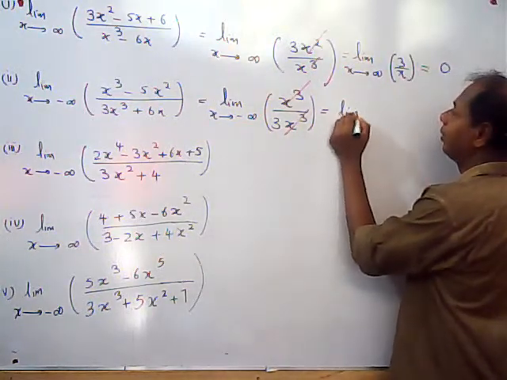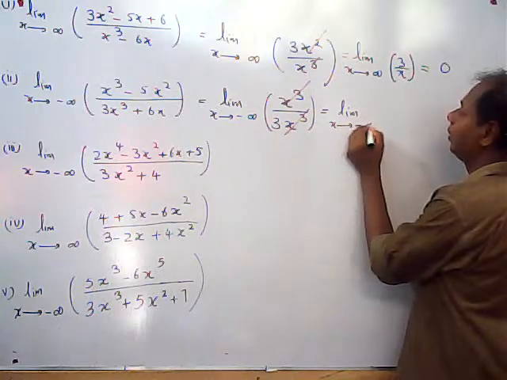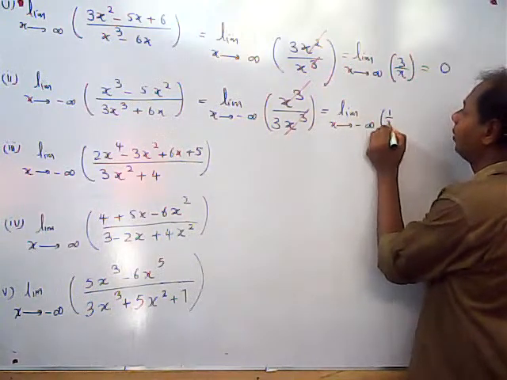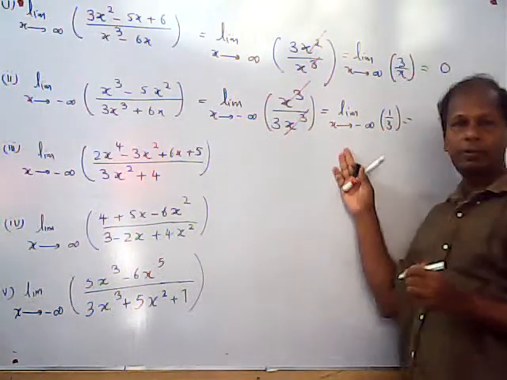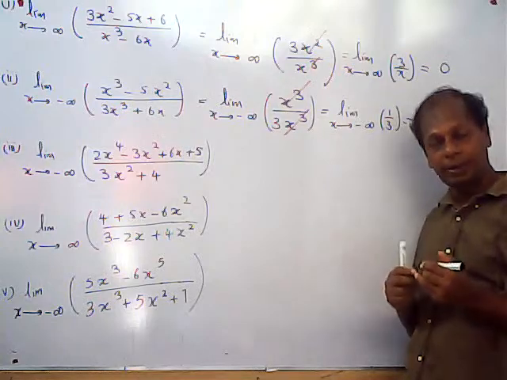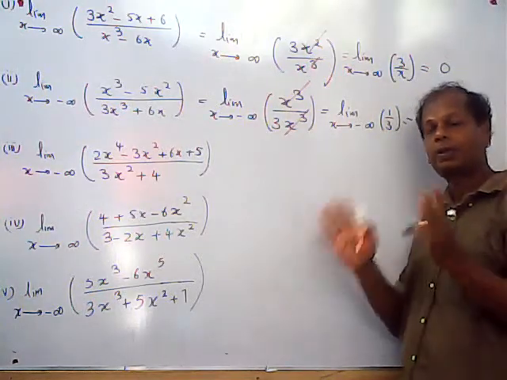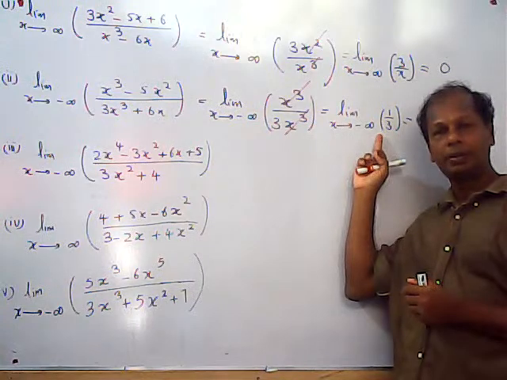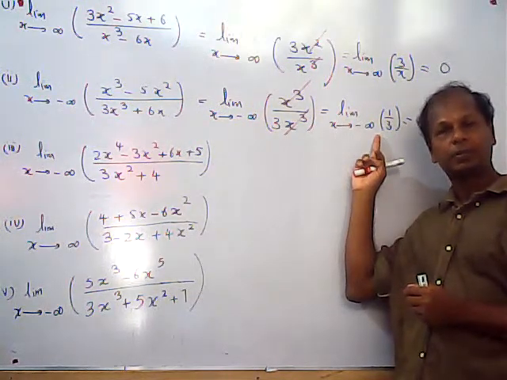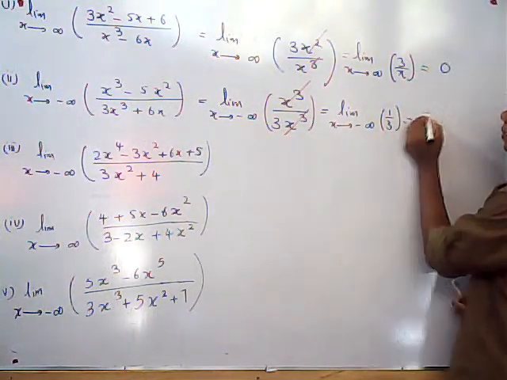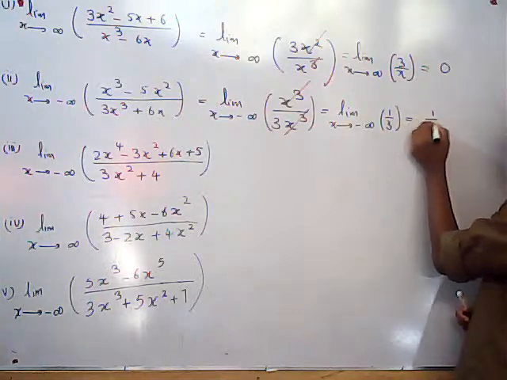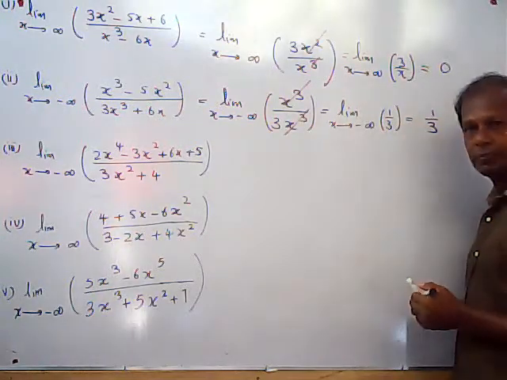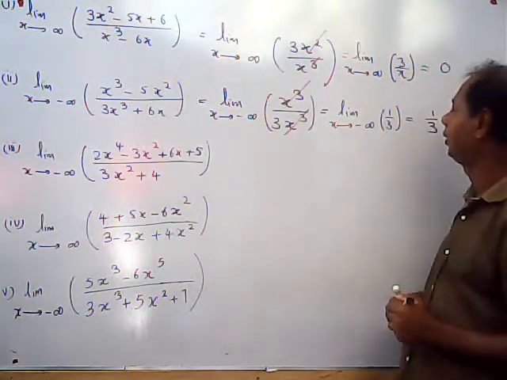Limit as x goes to negative infinity, it's 1 over 3. Negative infinity or positive infinity, wherever x goes, this 1 over 3 is a constant, right? So it will remain at 1 over 3. It's fixed.